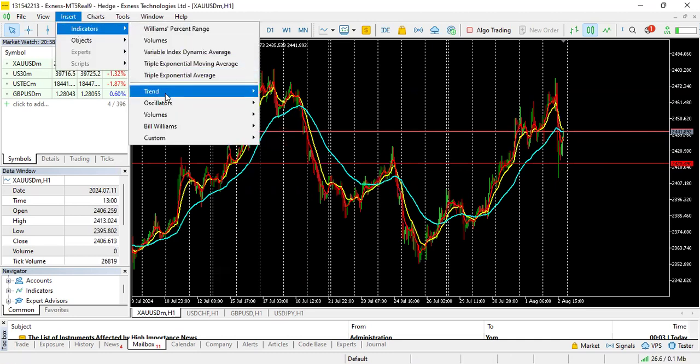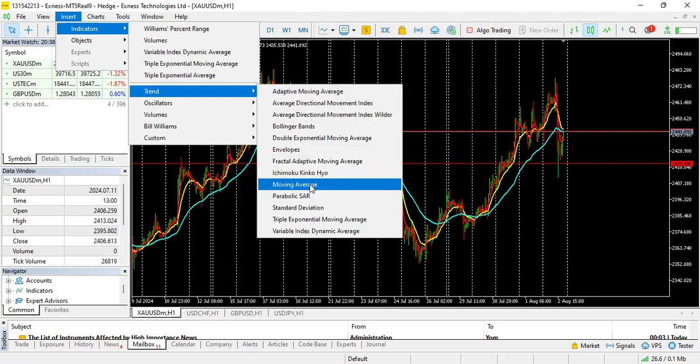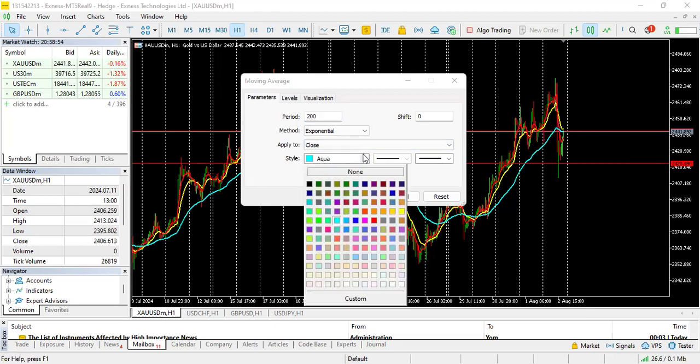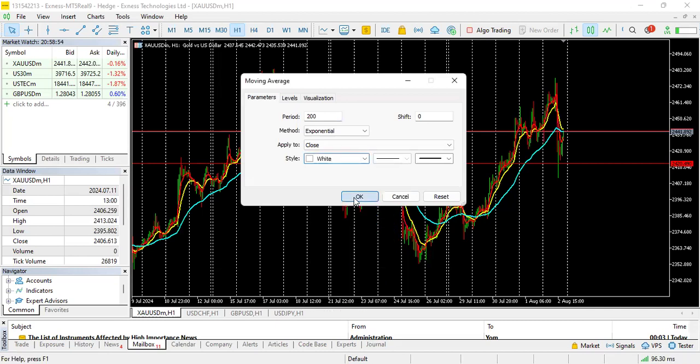Then indicator again, trend, moving average, and I want to install 200. From 50 we go to 200, that's times 4, right? So my 200 EMA is color white. These are the colors I prefer to use.